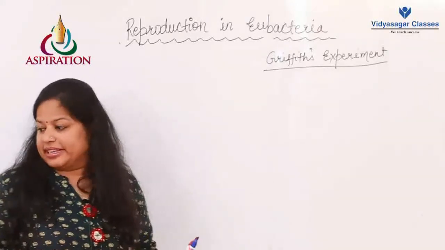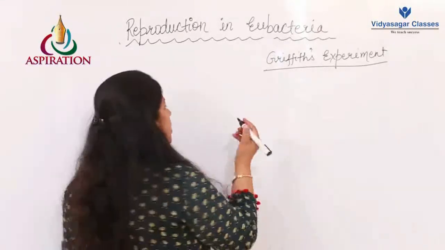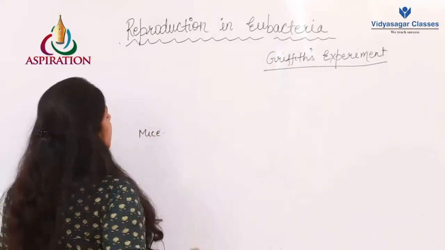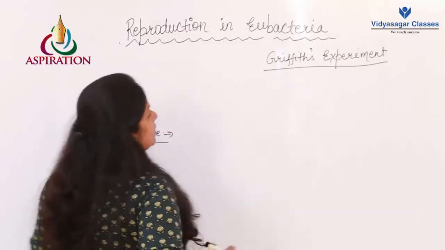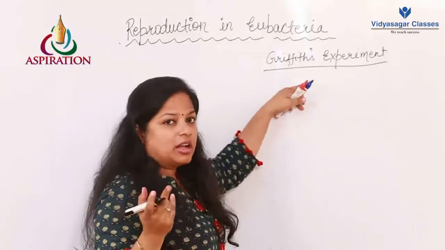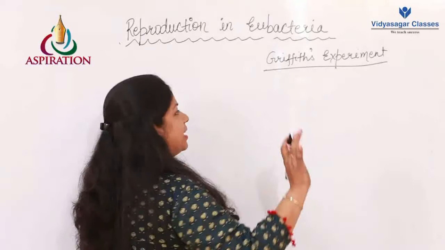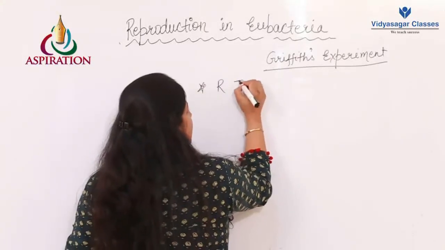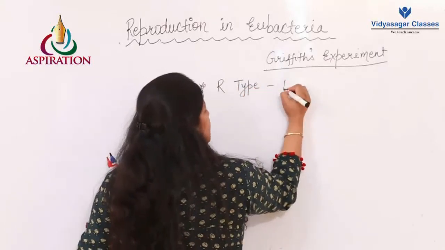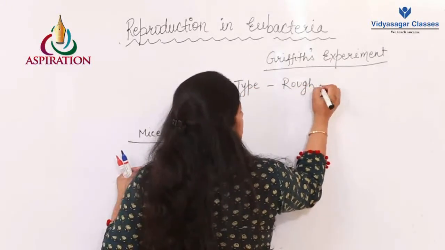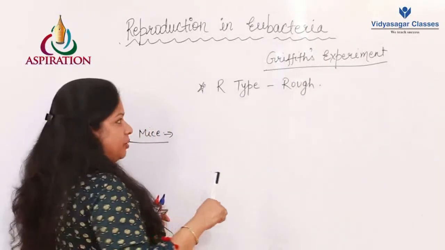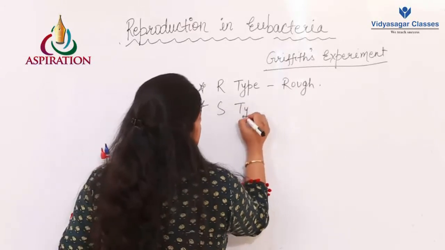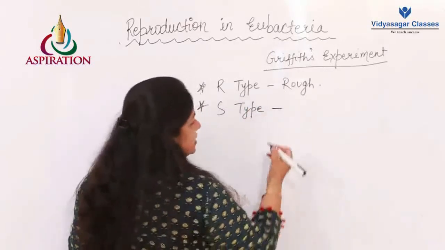The experimental material is Diplococcus, and he took mice and introduced the strains of that Diplococcus inside the mice. There are two strains. One is R type, that is the rough strain of the bacterium Diplococcus, and S type, that is the smooth type.